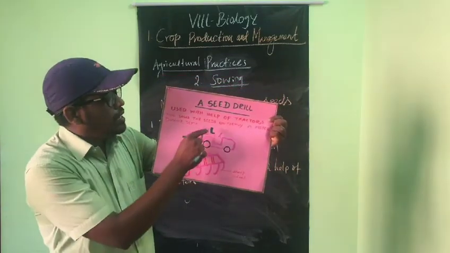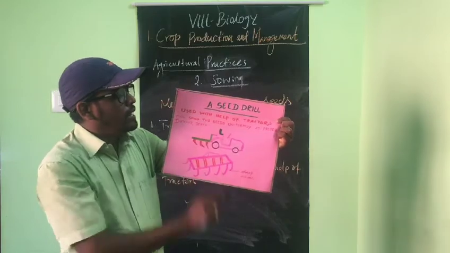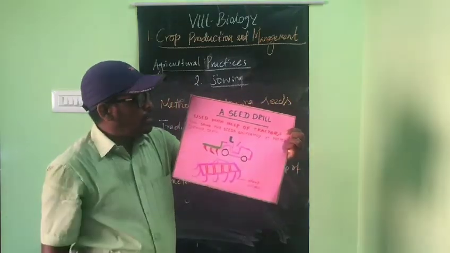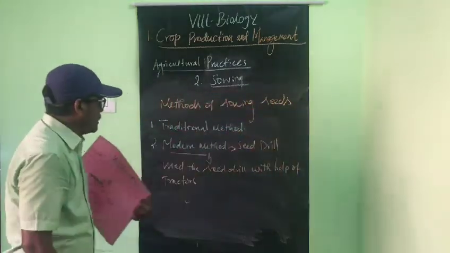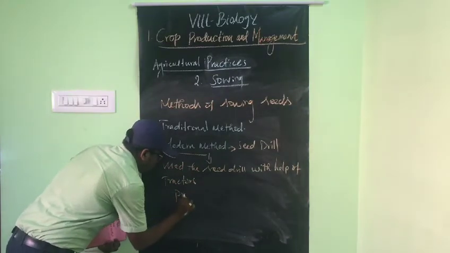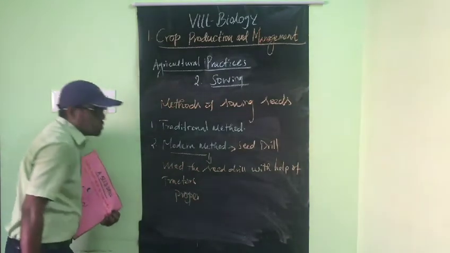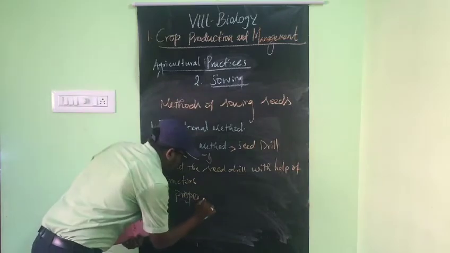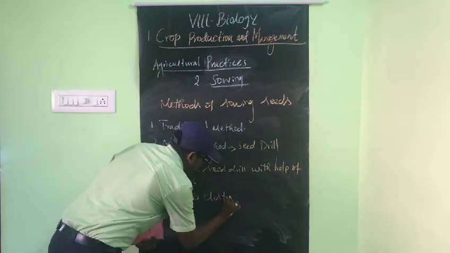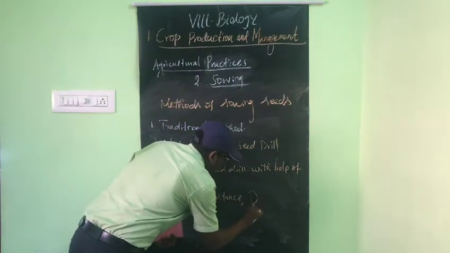Okay, the seed drill sows the seeds uniformly at the proper distance and depth. This is very important. The seeds should be sown at proper distance and depth.